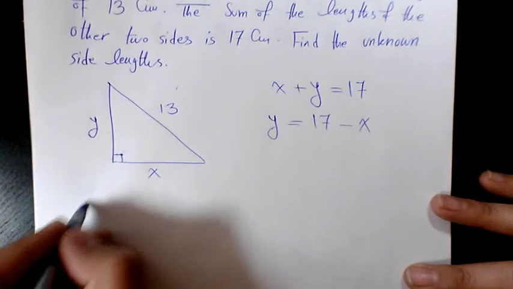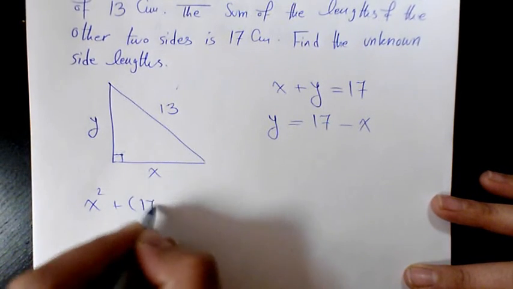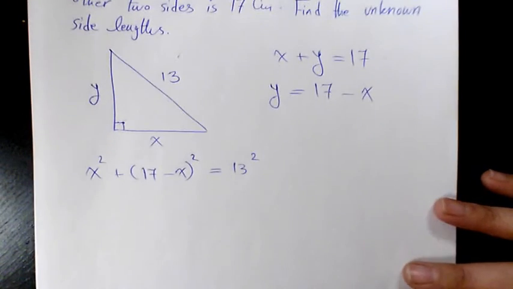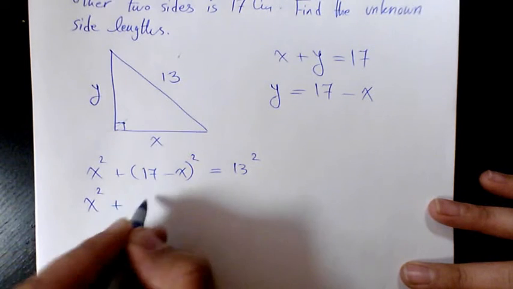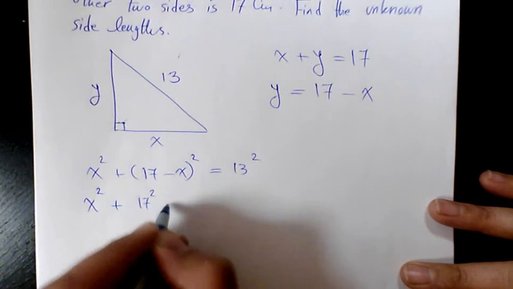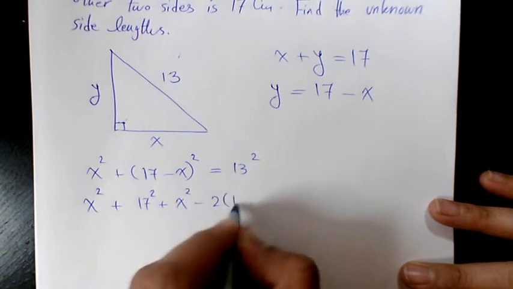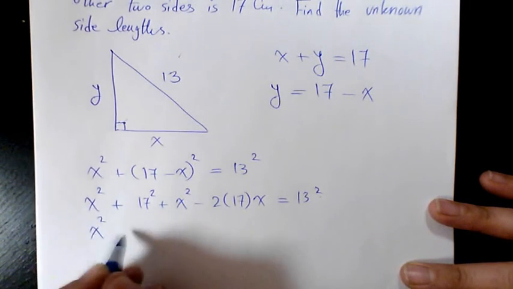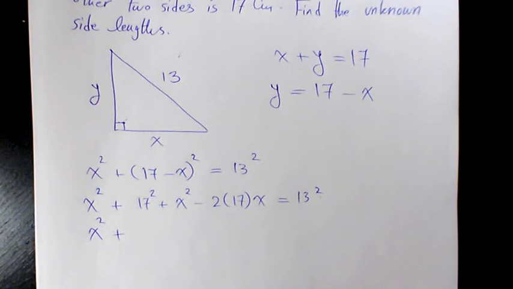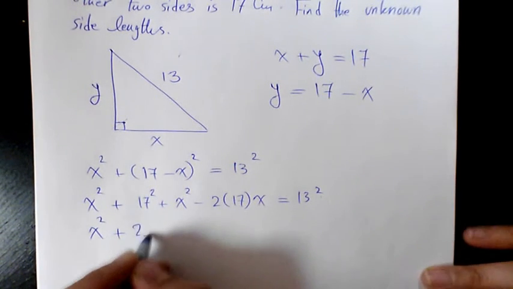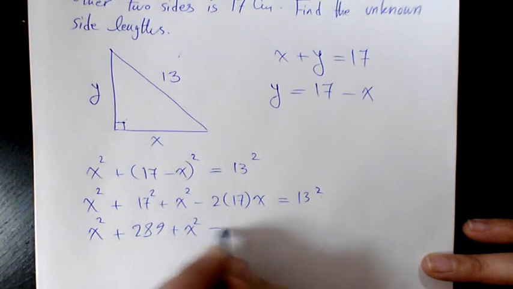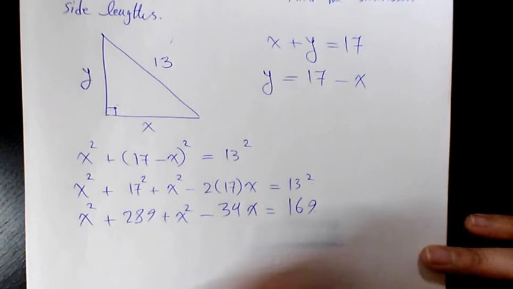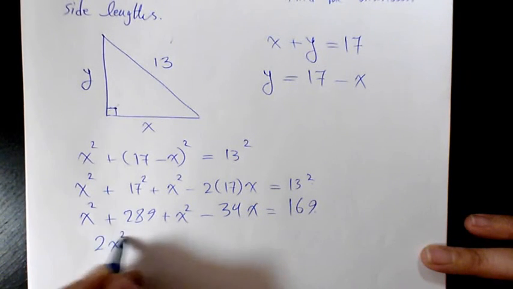So x squared plus 17 minus x squared equals to 13 squared. So we have x squared plus 17 squared plus x squared minus 2 times 17 times x equals to 13 squared. 17 squared is going to be 289, double check, yeah, 289 plus x squared minus 34x, and the 13 squared is 169. x squared, 2x squared.